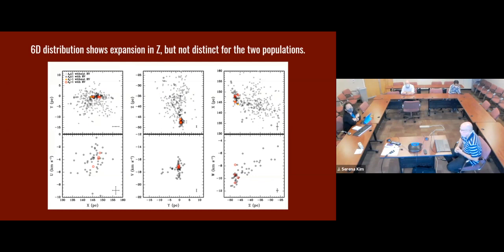But here we can have the full 6D motions. Here I'm plotting the spatial coordinate versus the corresponding velocity coordinate. This goes back to what was causing that proper motion spread that Gaia et al. found. So here's Z, which is galactic latitude approximately, and here are the velocities along that direction.